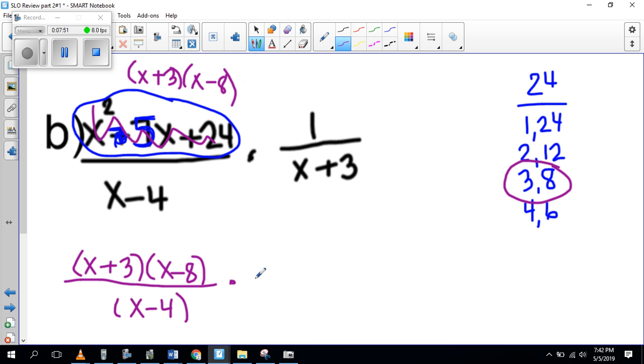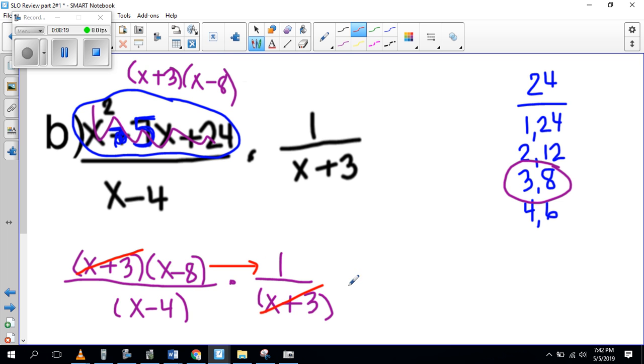This is going to be times 1 on top and x plus 3 on the bottom. So now we're looking for things that are going to cancel out. Do we have another x plus 3 on top or bottom? I mean on bottom. Yes. So that cancels out. Any more x minus 8s? No. Any more x minus 4s? No. No more 1s.